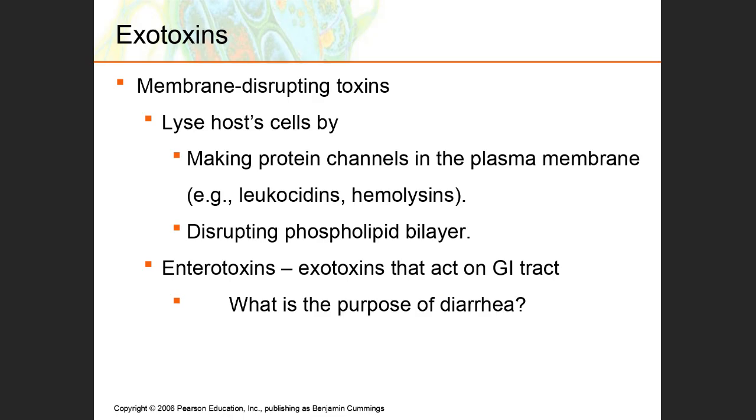So some examples of exotoxins. There are toxins produced by bacterial pathogens which can help to break down cell membranes. And remember, our cells are nothing but membrane. So for example, a leukocidin. What kind of cell is attacked by a leukocidin?